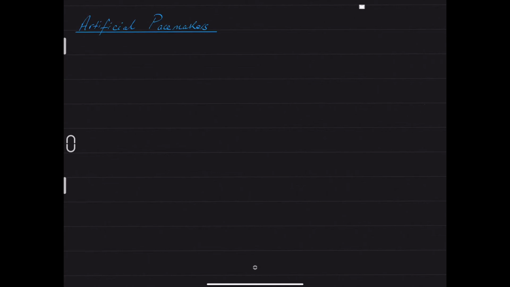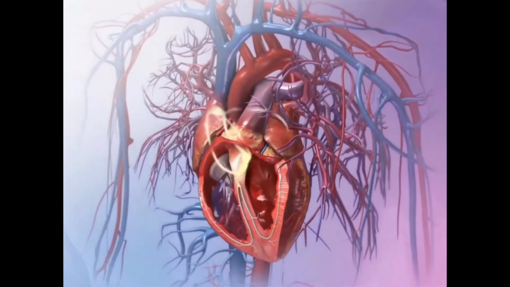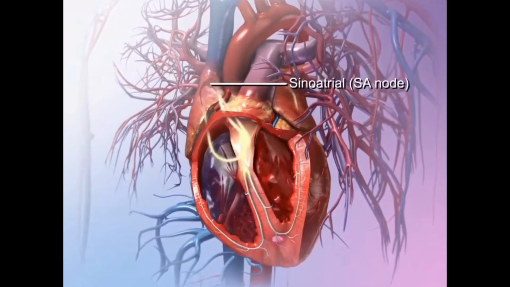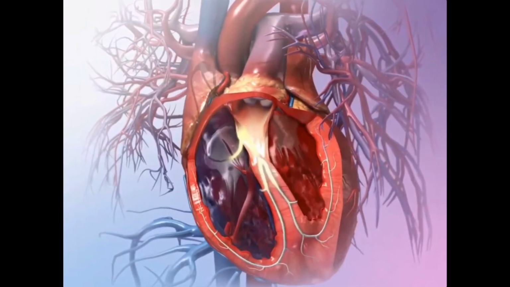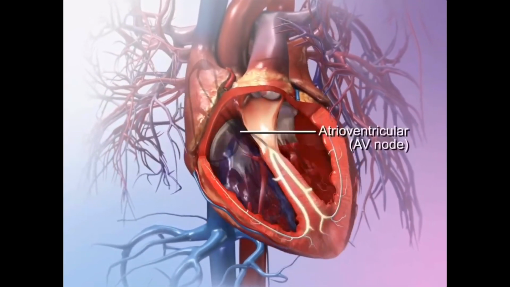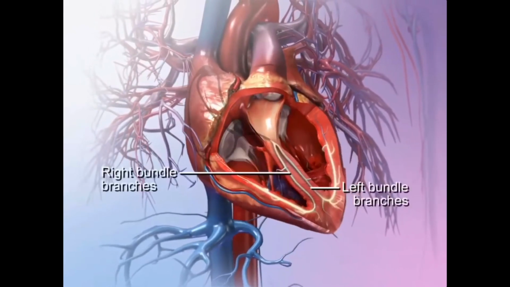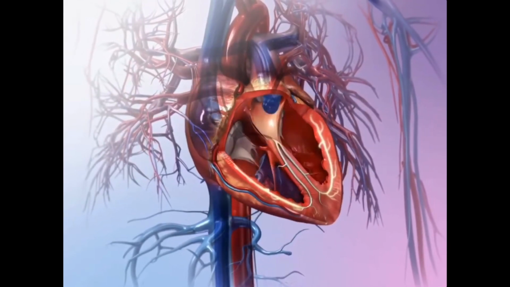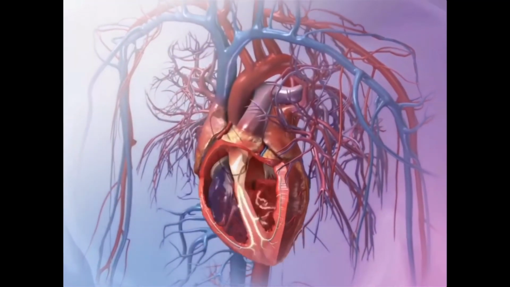So looking at this simulation here, we can see how the heartbeat is regulated and how the heart rhythm comes about. Notice a sinoatrial node, SA node, and its location in the atrium. So essentially what happens is that the impulse originates from the SA node and it causes the atriums to contract.